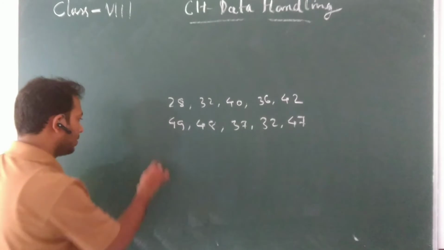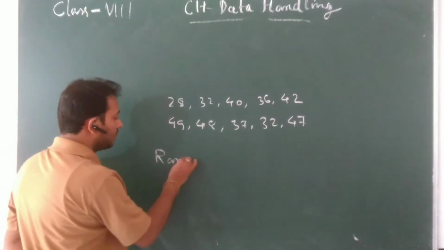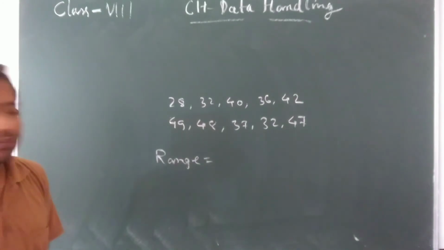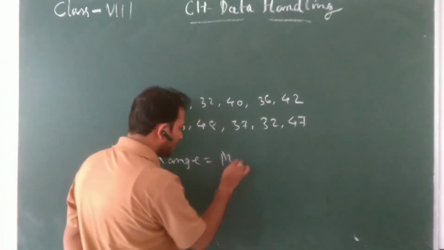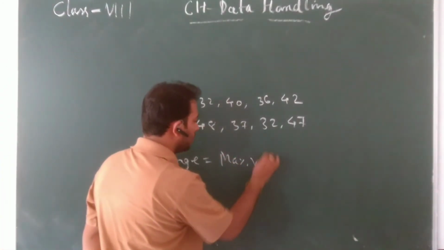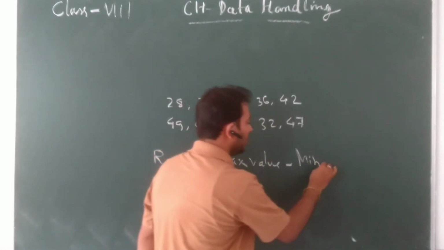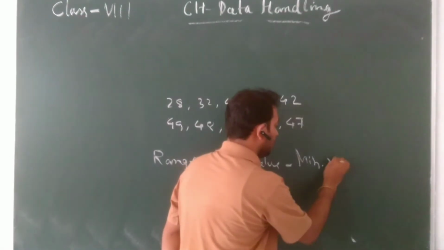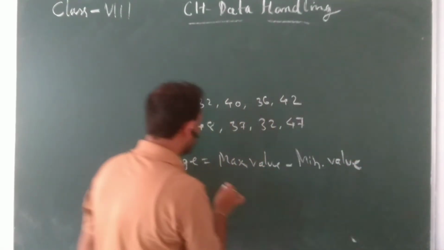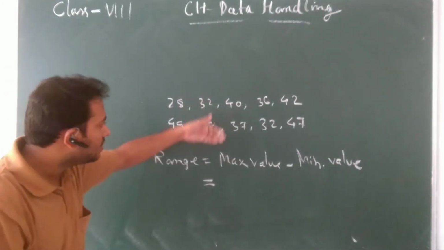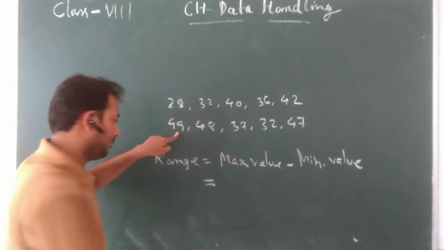So range means the difference between the maximum value and the minimum value. The formula is maximum value minus minimum value. Now you substitute the maximum value. What's the maximum value here? You can see here maximum is 49.